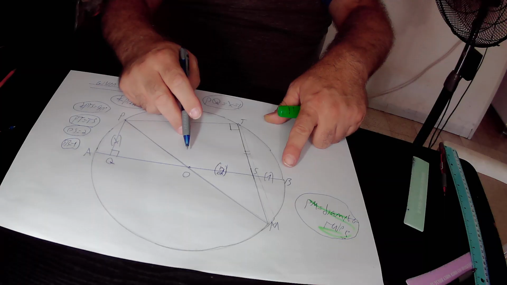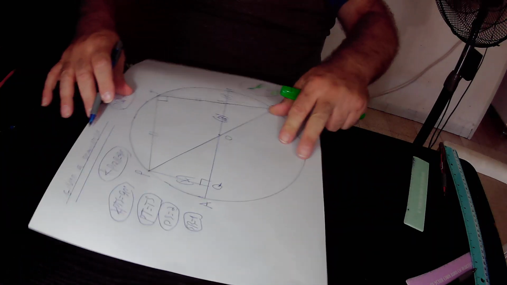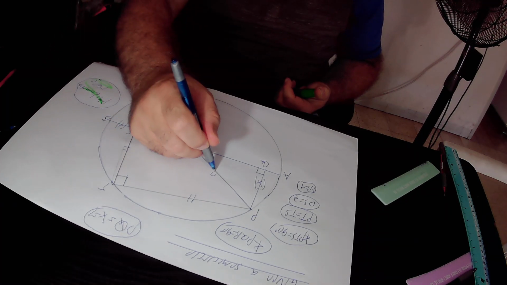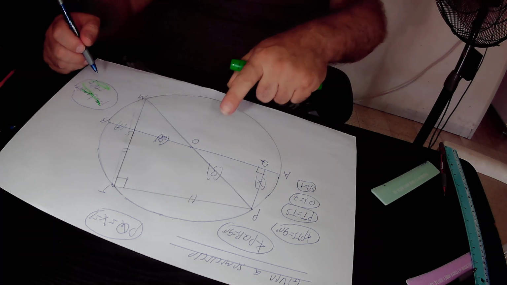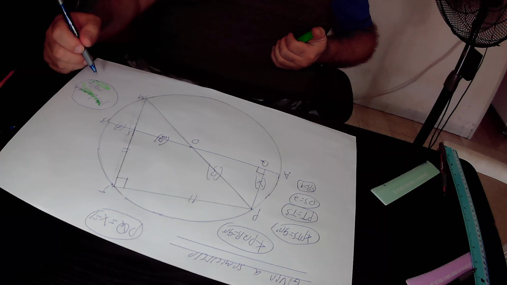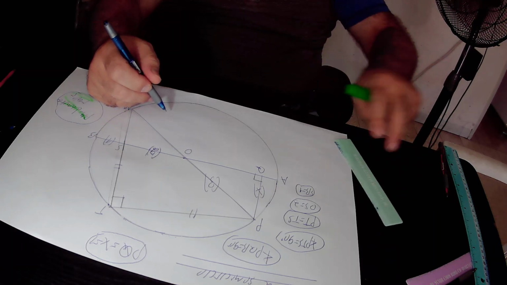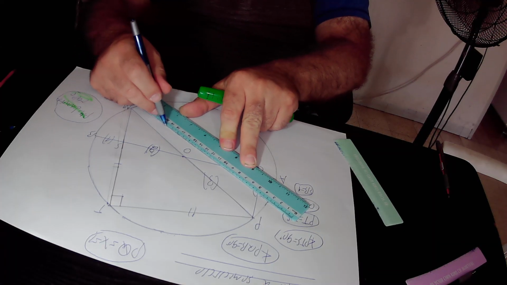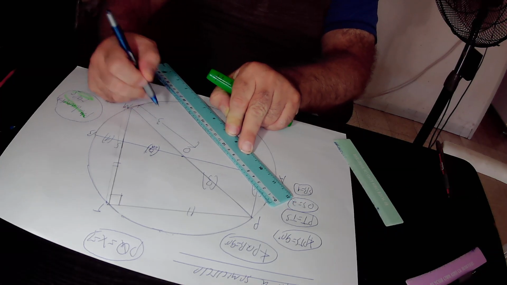So in total OB equals 2 plus 1, that is 3. So the radius of this circle is equal to 3 units in length. OP is the radius of the circle, therefore it is equal to 3 units. Likewise, OM is also the radius of the circle, therefore it is equal to 3 units in length.